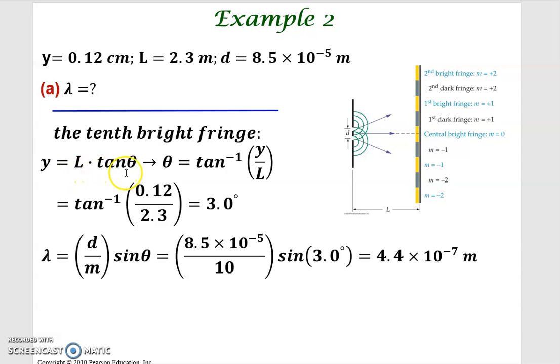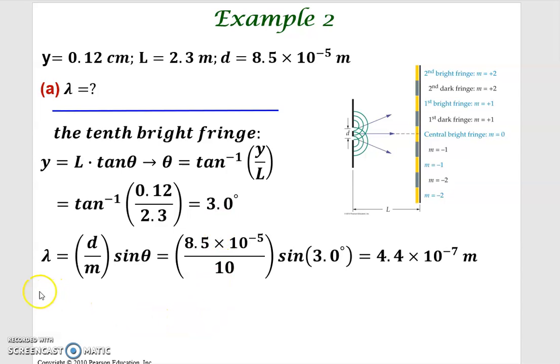So L tangent theta equals y, and theta will be arctangent of y over L. You can use the given y and L to calculate the angle, which is related to the position where the 10th bright fringe happens.